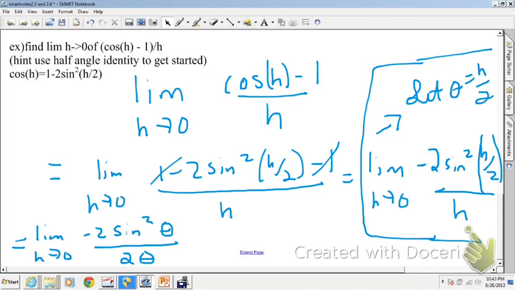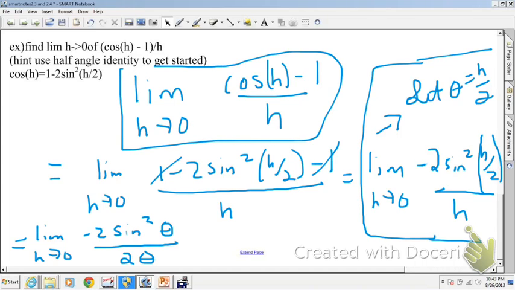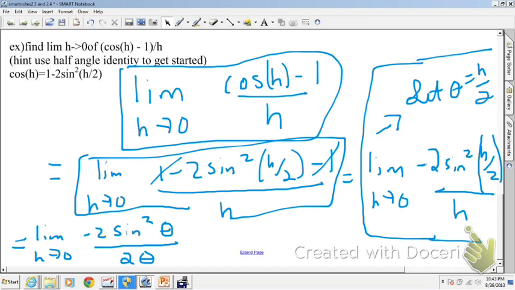Okay, so I just rewrote that a little bit. We started off with the limit as h approaches 0 of this, which is the limit as h approaches 0 of this after we performed that trig substitution. Then we decided to let theta equal h over 2 so that we would eventually arrive down here at the limit as theta approaches 0.